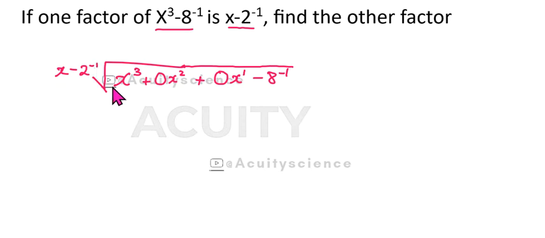All right, let's start. X raised to power 3 divided by x is x raised to power 2. Now x raised to power 2 times x is x raised to power 3, because with indices you just add the powers, 1 plus 2. Now x raised to power 2 times minus 2 raised to power minus 1: first of all put the minus, then 2 raised to power minus 1, and of course x raised to power 2.